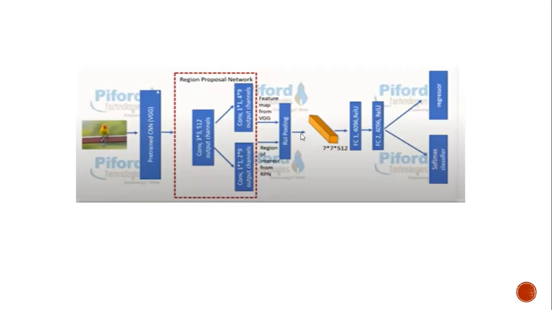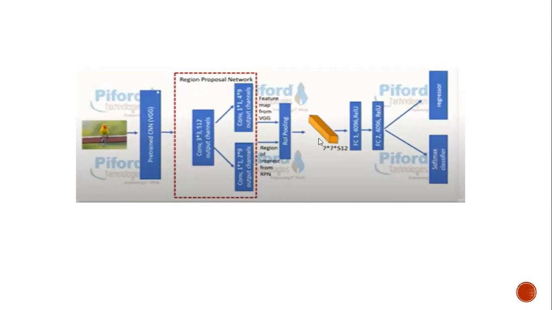The main job of ROI pooling is to take all these feature maps and make them a fixed size. If you apply ROI pooling, all the feature maps come to a fixed size, and this output is moved to the max pooling layer.